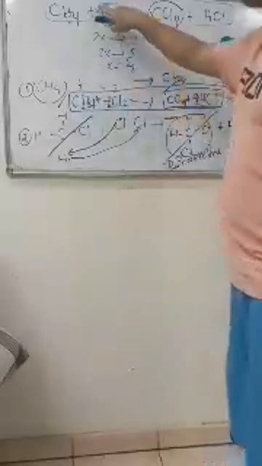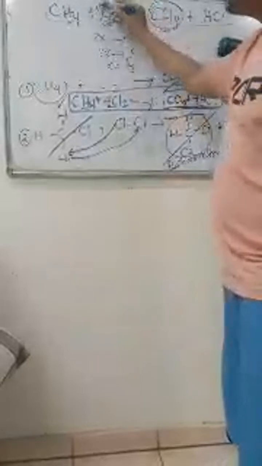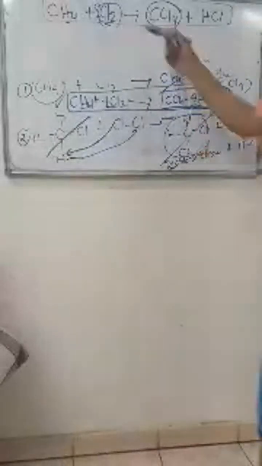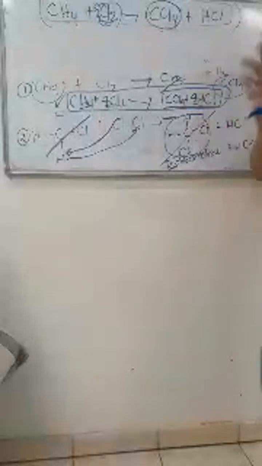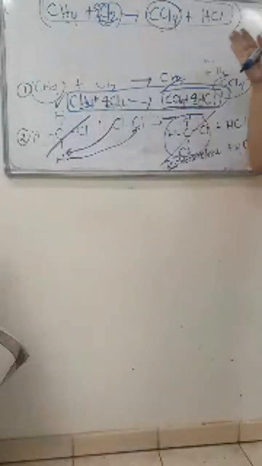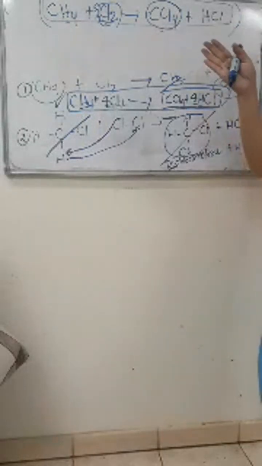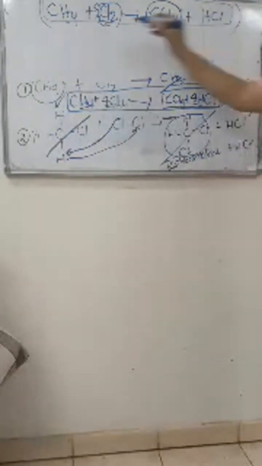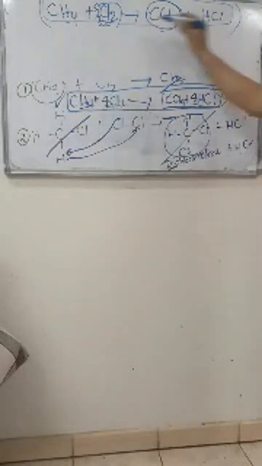Then put 5 over 2 beside the chlorine. Because you have a denominator, in math, to cancel that out, multiply by a certain number so that it becomes an integer. Multiply by 2, it cancels the 2, and it becomes 5.